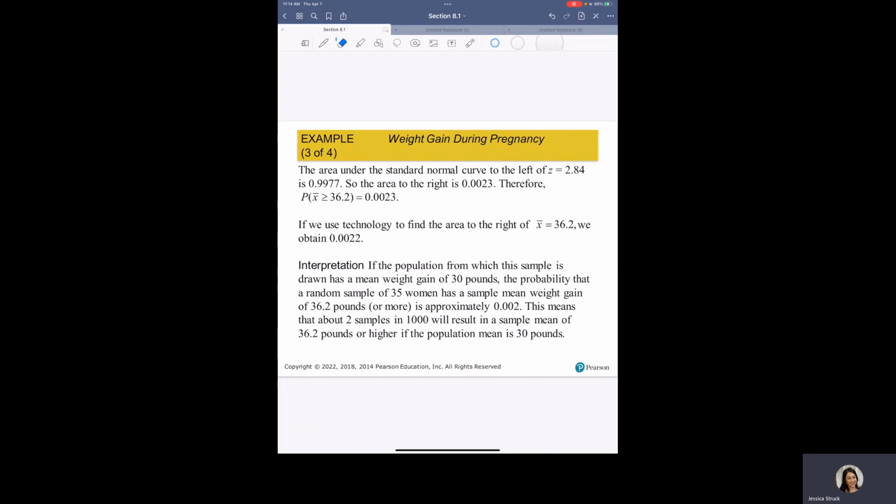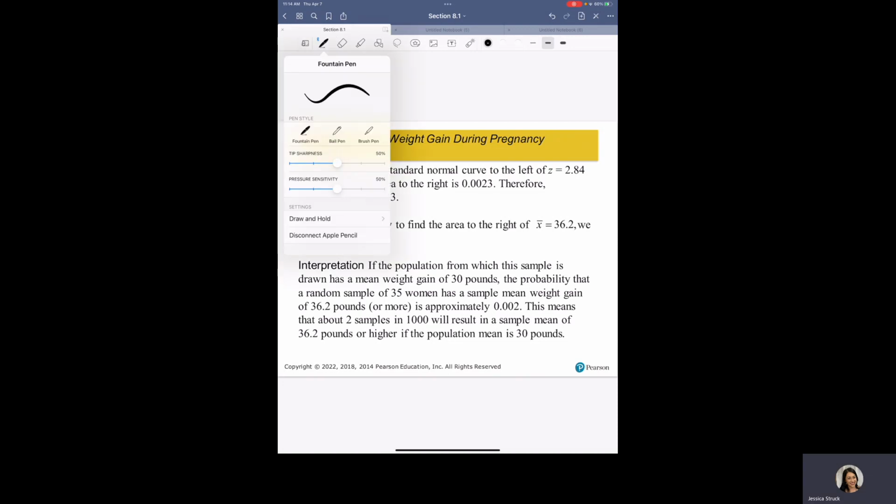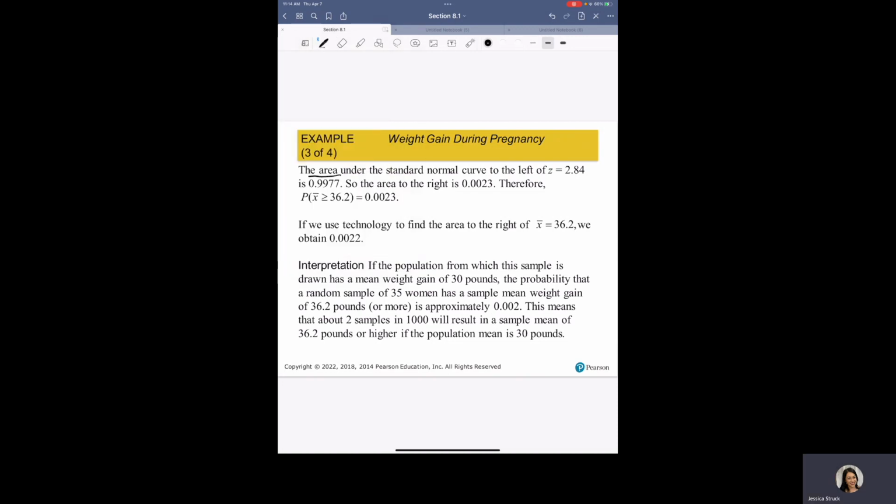When we go to our z-chart, we find the corresponding area for that z-score. To the left is this value here, 0.9977. But since we're interested in the area to the right, we take 1 minus that to get 0.0023. So this is the area we were interested in.